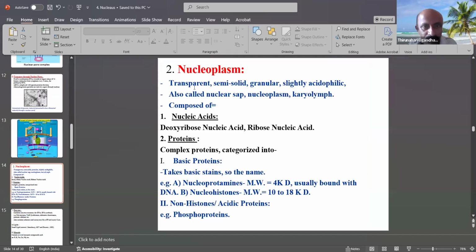The nucleoplasm is a transparent, semi-solid granular material, slightly acidophilic in nature. It reacts with acids and bases.